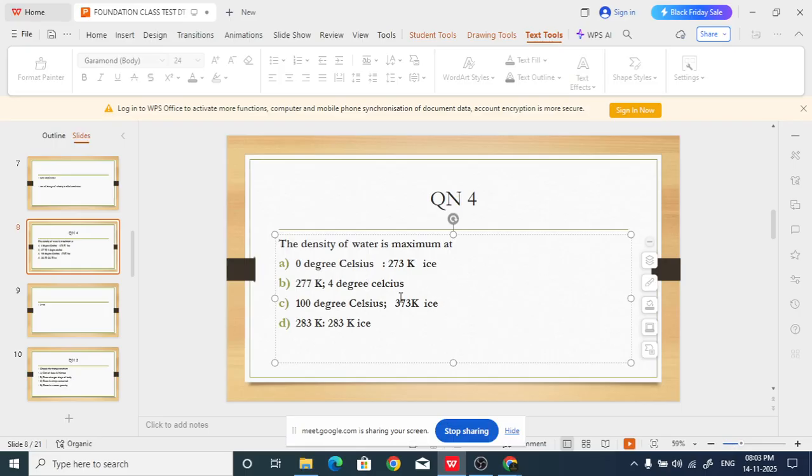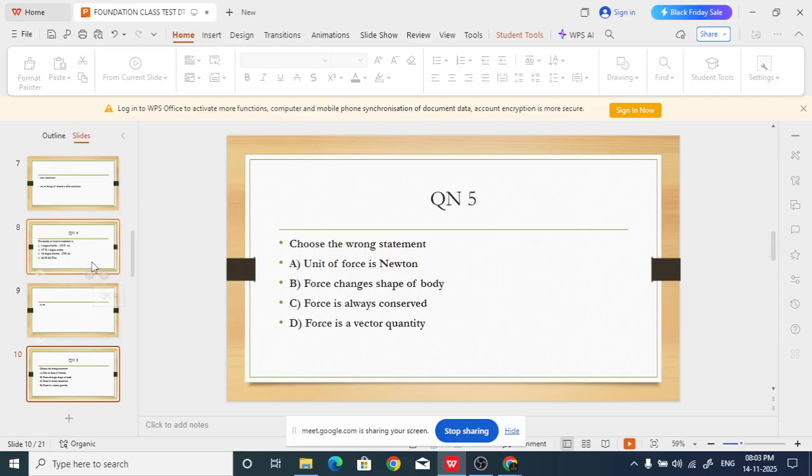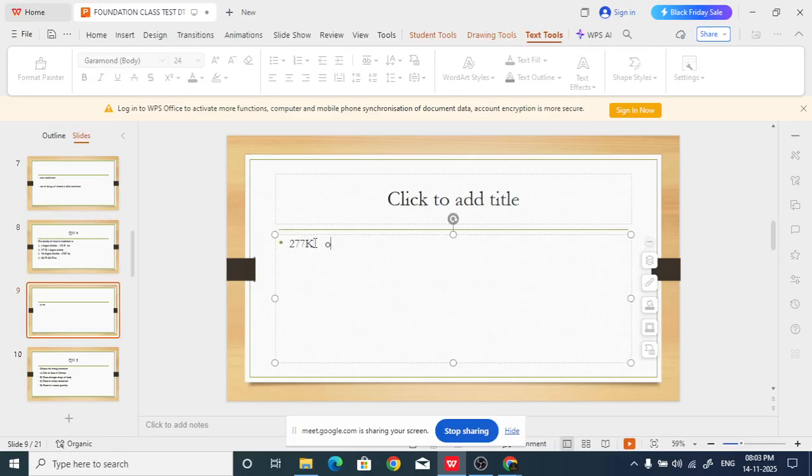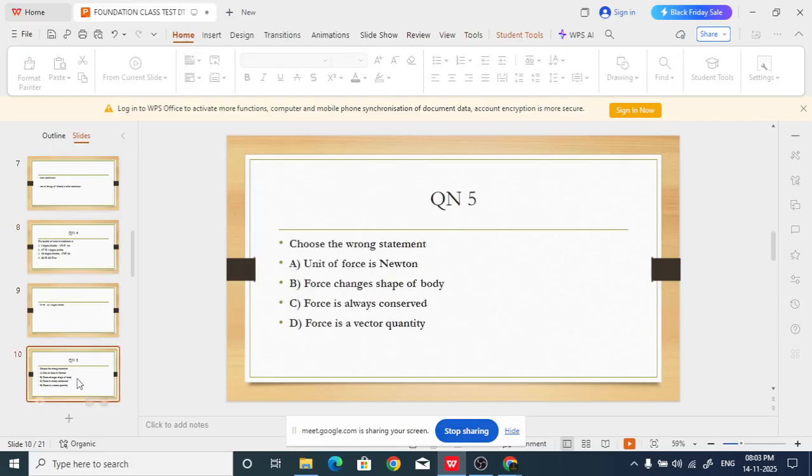So in that stage, the 4 degrees Celsius will be the maximum. You go and find the exact reason for it. I'm not able to tell you properly now. The answer is 277 Kelvin, 4 degrees Celsius. Okay. Next question.